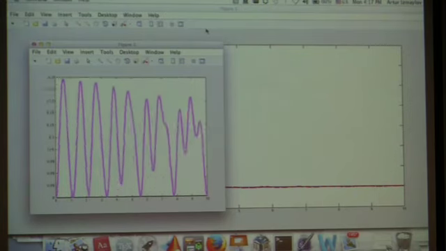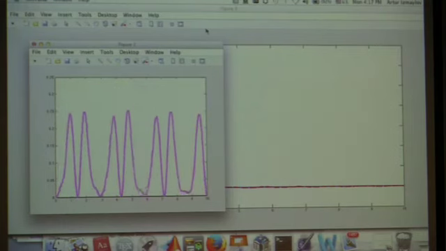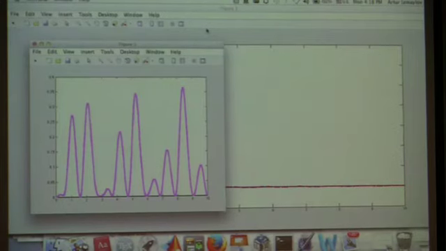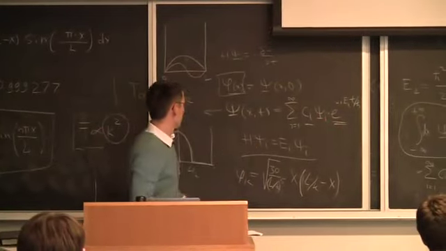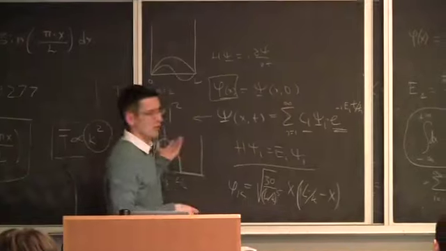And this is all very simple to simulate, because all you need is essentially coefficients found as integrals of the original function multiplied by the basis function, which is the sine function. And you need to put the exponents in front of the coefficients, and then plot this as a function of space at different times.